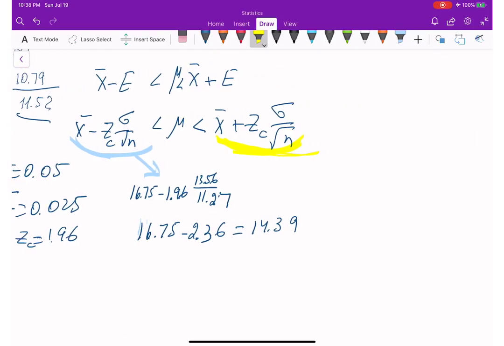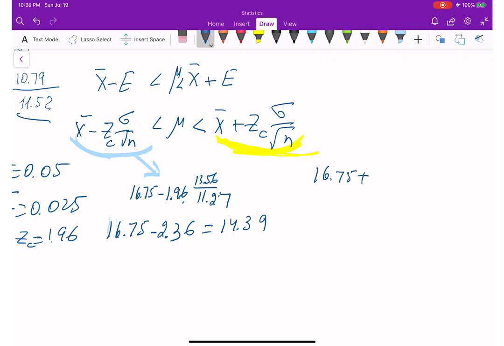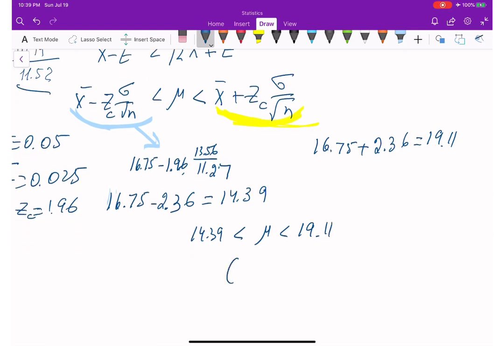The same way, but adding, right? 16.75 plus 2.36, and that is equal to 19.11, which means we can say that mu is greater than 14.39 and less than 19.11, which is fitting in the interval 14.39 and 19.11.